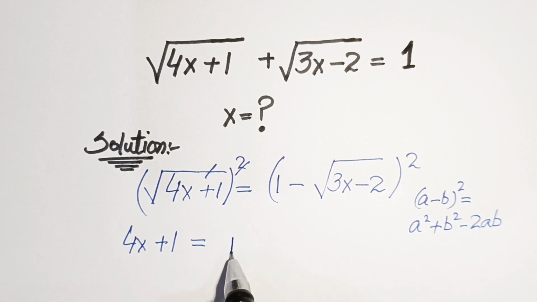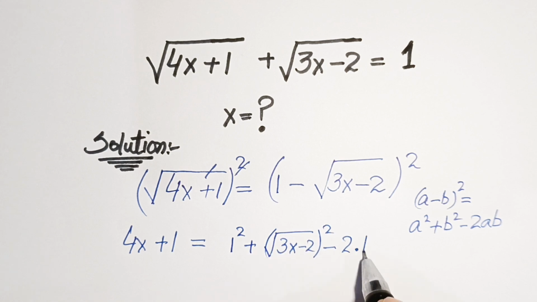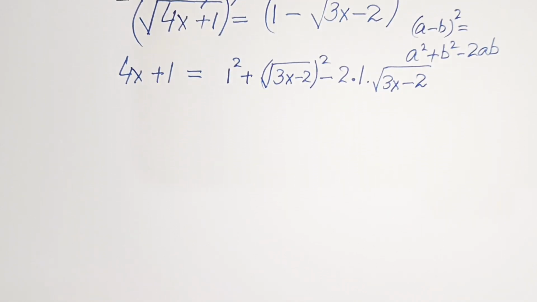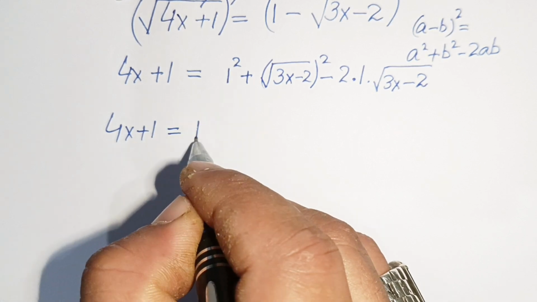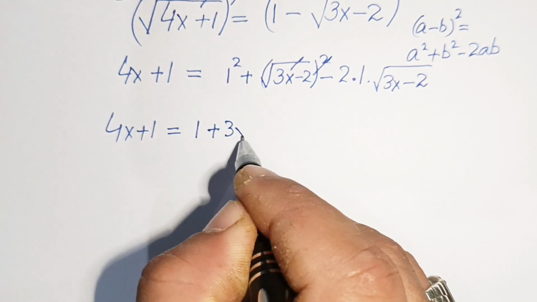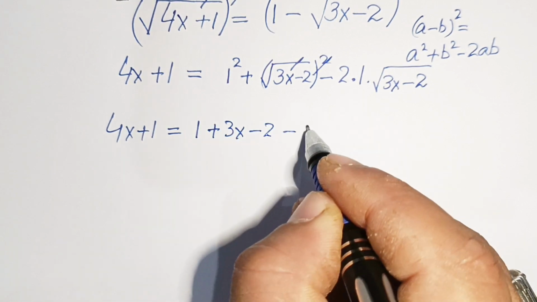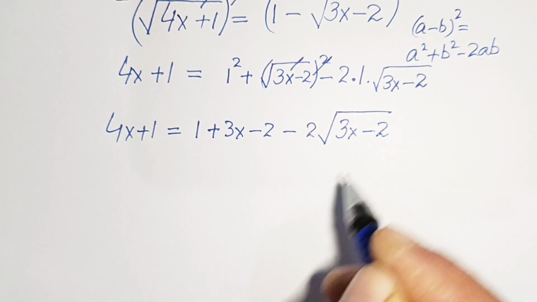So it will be 1 squared plus square root of 3x minus 2 whole squared minus 2 times 1 times square root of 3x minus 2. Now our next step: 4x plus 1. Here 1 squared is 1, this square is cancelled out with the square root, we have plus 3x minus 2 and minus 2 times 1 is 2 times square root of 3x minus 2.